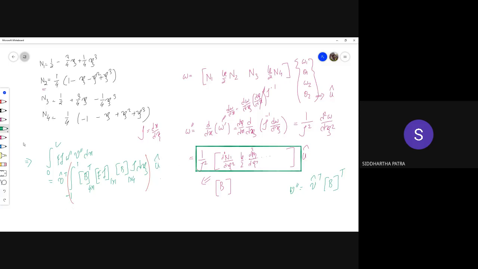Whatever is within this set of parentheses is our element stiffness matrix. So derive the expression for the element stiffness matrix.